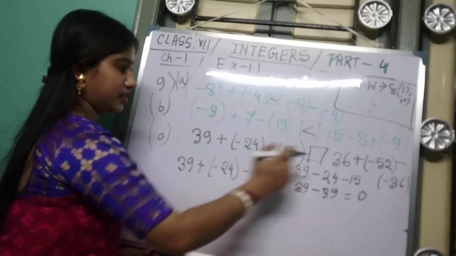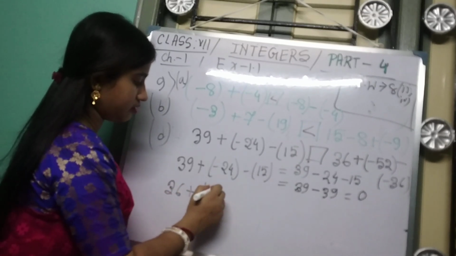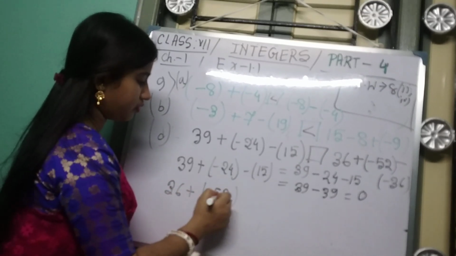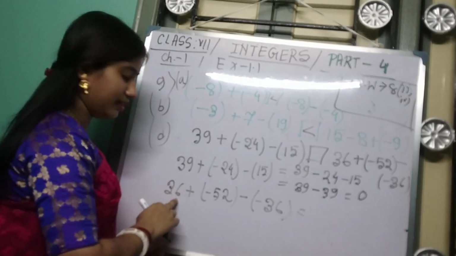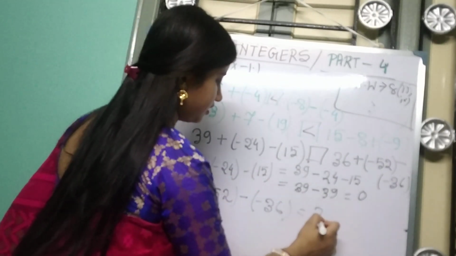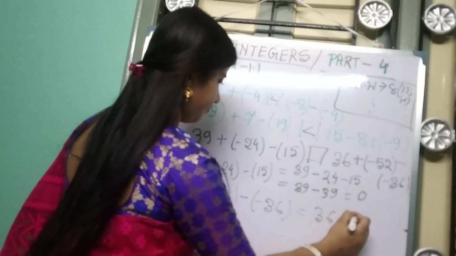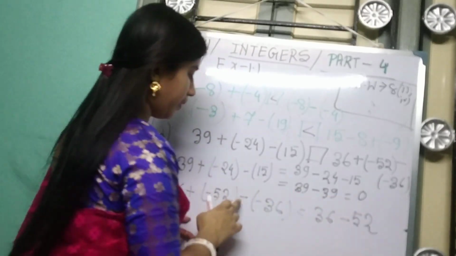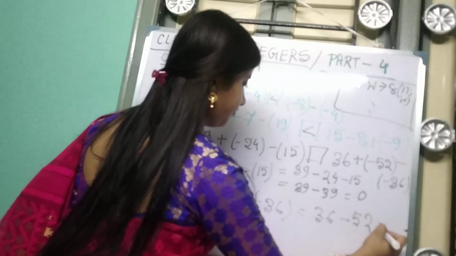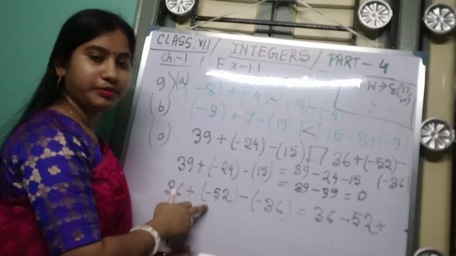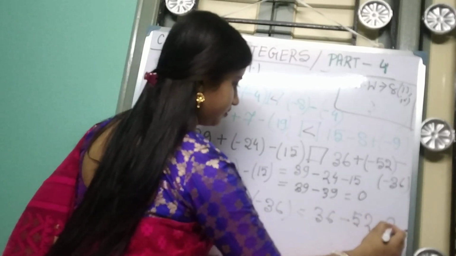And next, simplify this side: 36 plus of minus 52 minus of minus 36. Given 36, plus of minus means minus. Minus of minus, that is two minuses, means plus.